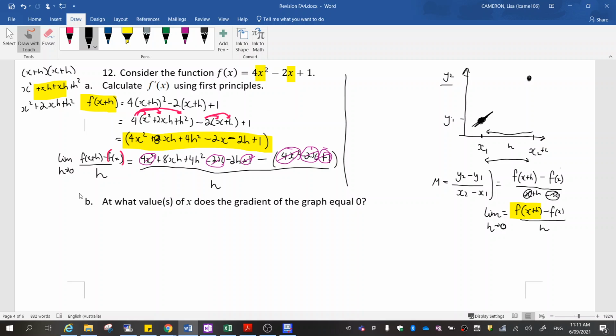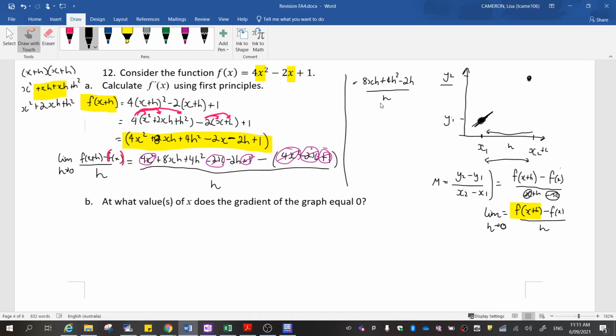Okay, so now I'm not going to write this again because I don't have the space, but I will state what's left. So now I've got 8xh plus 4h squared minus 2h, all over h. Now, what do you notice about this top line?